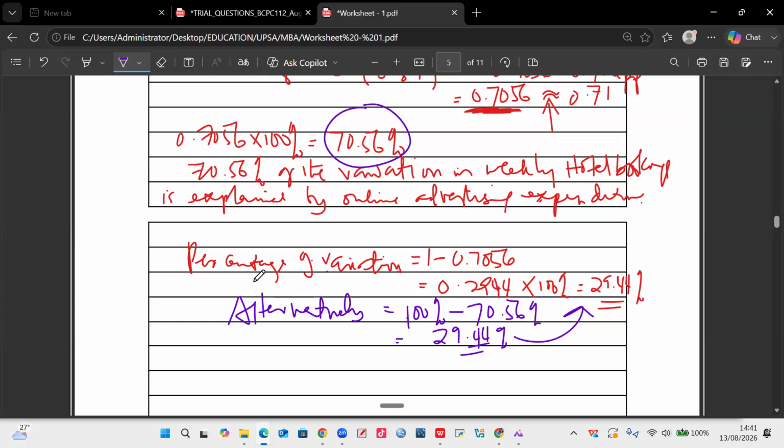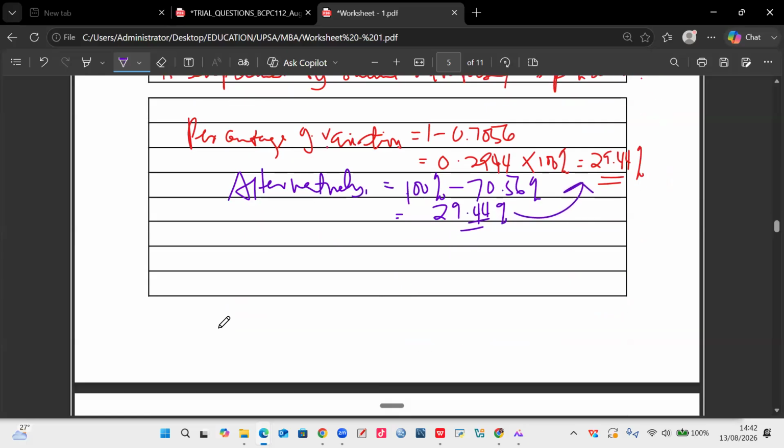Have you seen it? It's the same thing. I'm saying alternatively: if you don't want to use the first approach, you can use the second one, and you get the same thing.